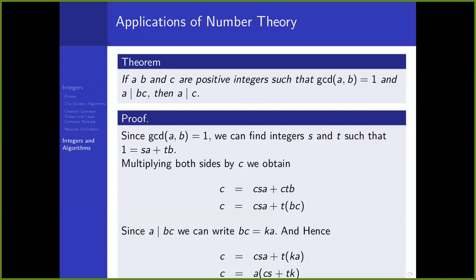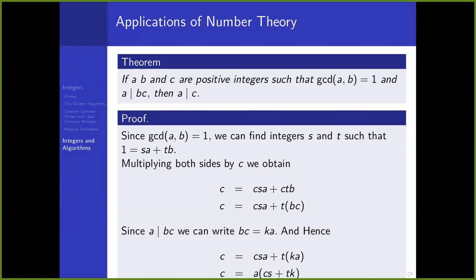We don't need to know what S and T are here, but we know that they can be found. Now we can multiply both sides by C to obtain C is equal to CSA plus CTB. And we rearrange it so that we have C is equal to CSA plus TBC.